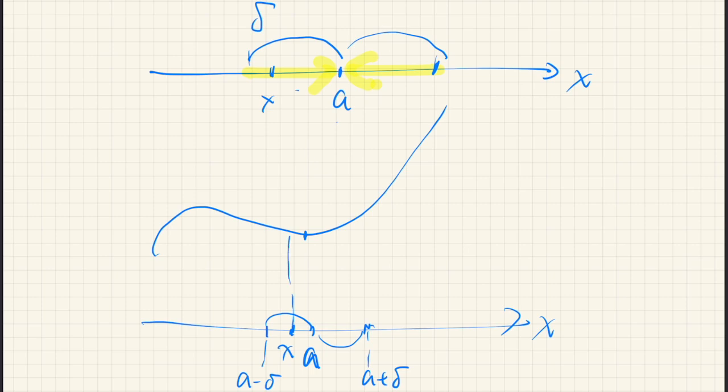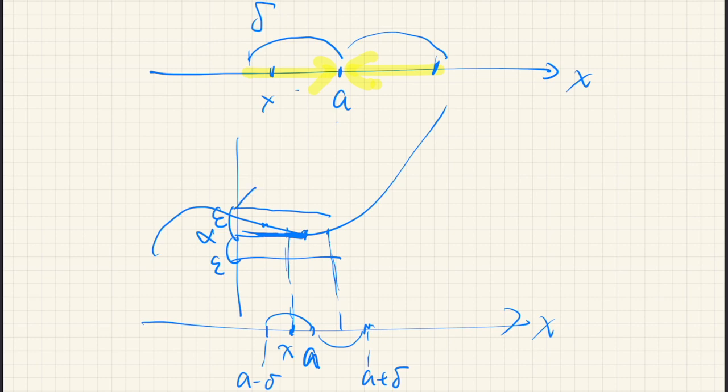So as long as x is within this range, then the difference between f of, not f of a, but alpha, and f of x is within the difference of epsilon.